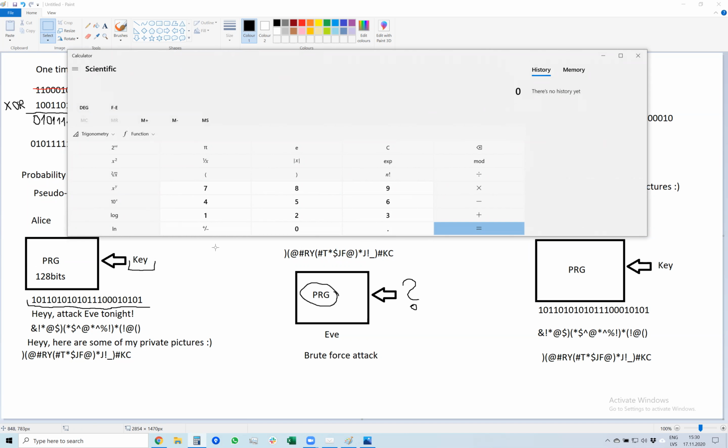It means that it contains 2 to the power of 128 different combinations. How much is it? I just hit here and it says 3.4 times 10 to the power of 38. So it's 3 and then 38 zeros. So the number of combinations is extreme.